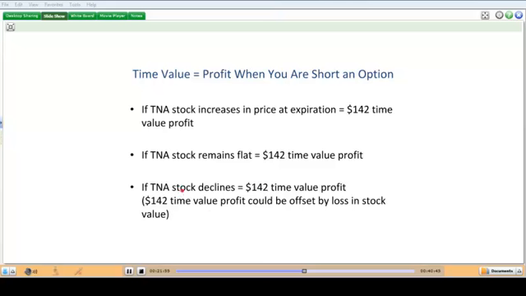But I'm also going to show you during market corrections, if a stock declines in price, then you can buy back the short call. You can buy to close the short call and then sell another option premium and collect two premiums in 1 week. And I just did this today.